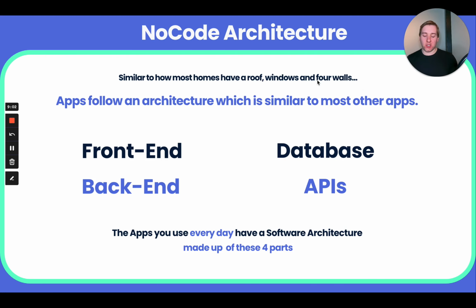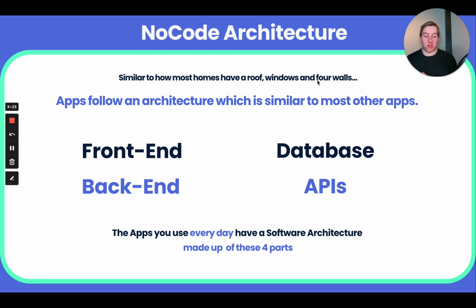And just in the same way that a house in the real world generally has four walls, a door, a few windows, a roof, they're similar. In the same way, no-code apps all follow a very similar architectural structure. And it's not just about no-code apps. If you're a developer writing code, all modern software tends to follow this structure.